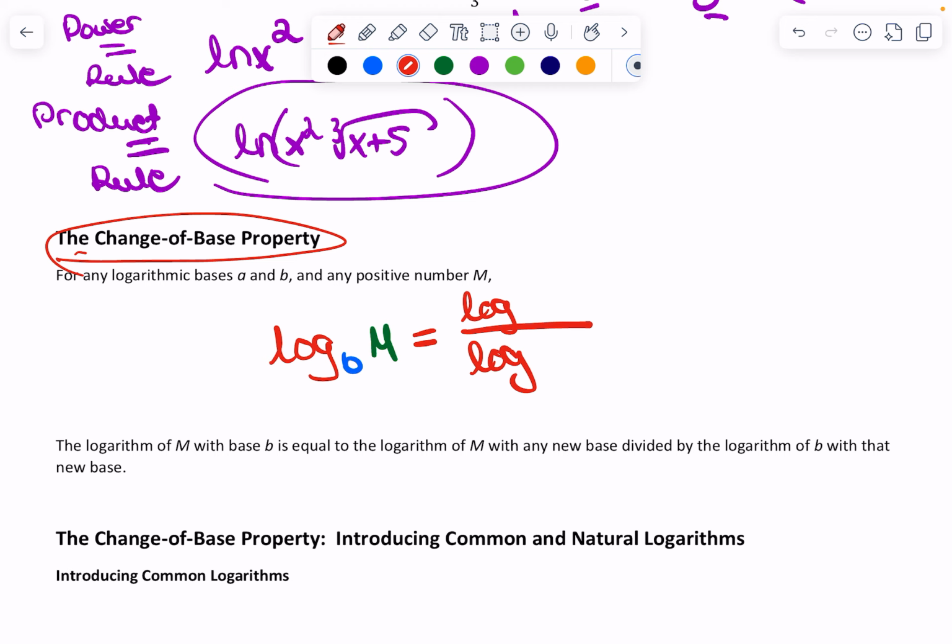What happens is that we're changing the base. So the base changes to, for example, a common log or a natural log. And the m goes on the top, and this base here, the b, goes on the bottom.